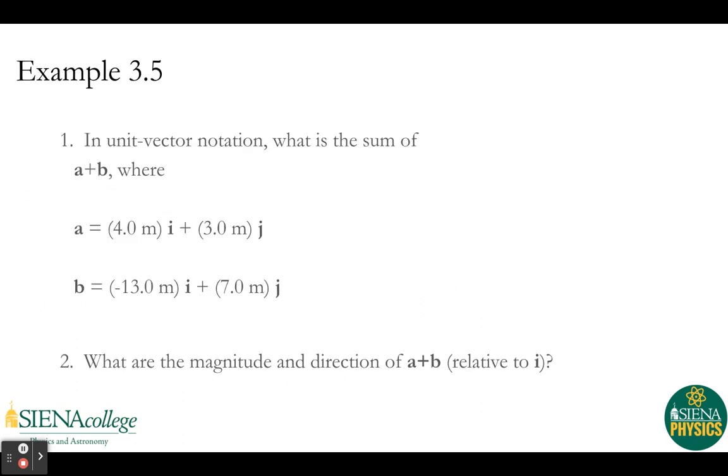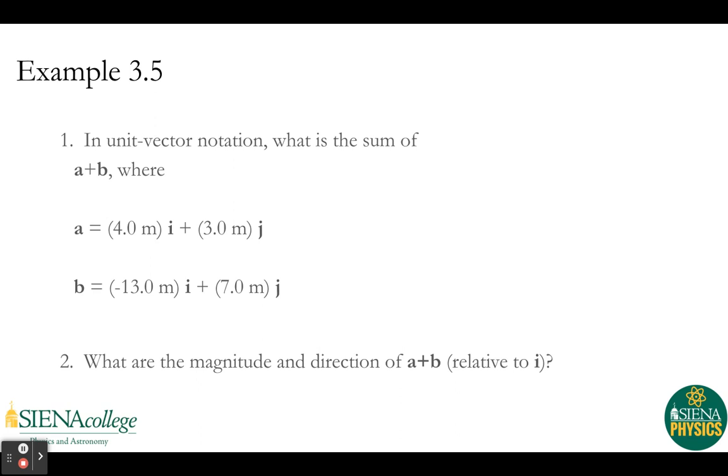Okay, so let's do another example here. We have two vectors that we're going to sum using unit vectors. A is 4 meters in the i hat direction and 3 meters in the j hat direction.